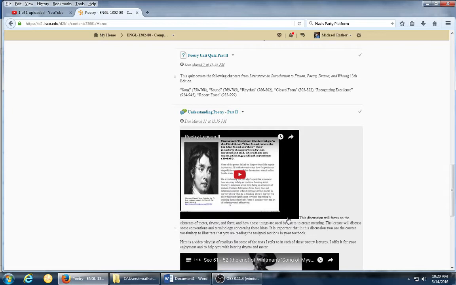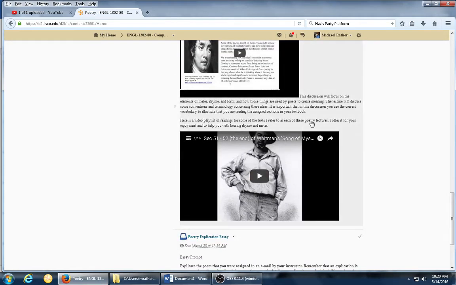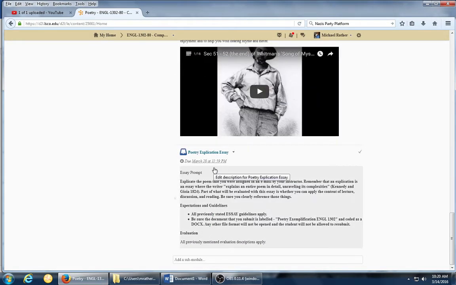You can use the table of contents in the 13th edition to find most of the poems I refer to here. You also need to have read all these chapters related to the poetry unit quiz to help you develop these ideas. Of course, the essay is only a couple weeks out at this point for many of you, and that means you need to make sure that you understand these concepts and how to create this.